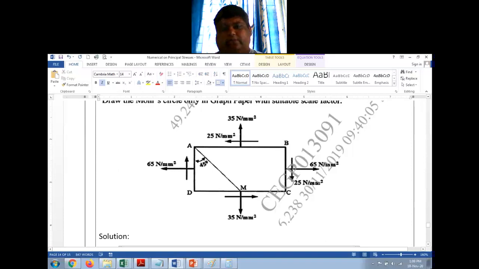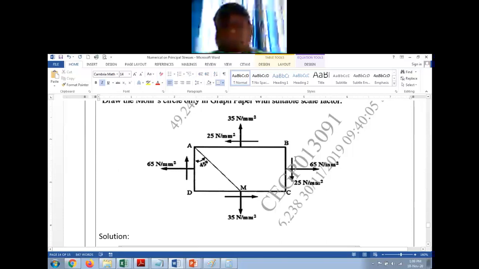Now if you consider this, then it looks like a clockwise shear force, and if you see this one, this looks like a counterclockwise shear stress, right? So what you can do in such cases, you assume it as positive, or always take the direction with respect to the major or the normal stress in the x axis.